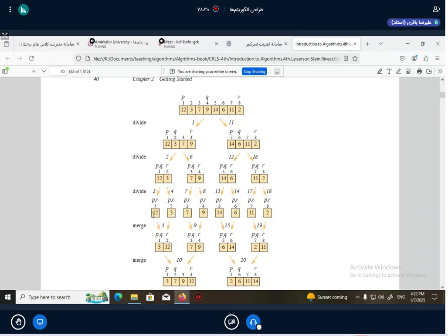So the function call for the array that has only the number 12 just returns 12, and the second call for the second part returns 3.